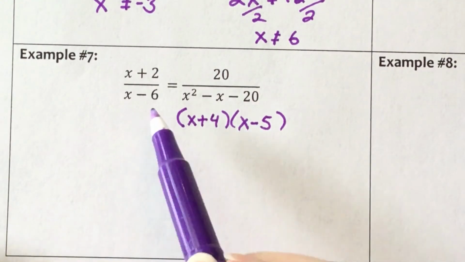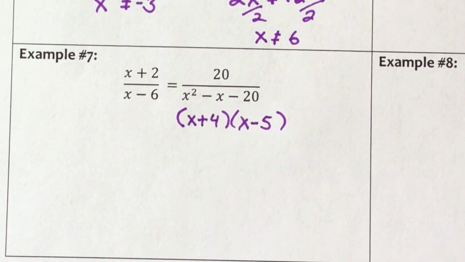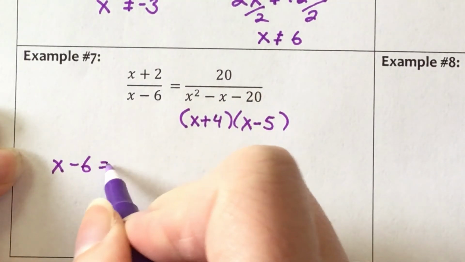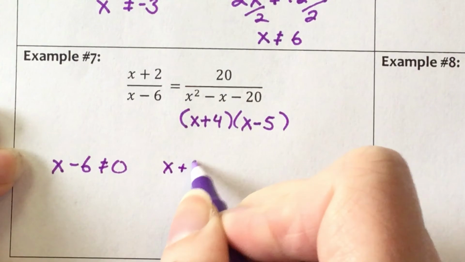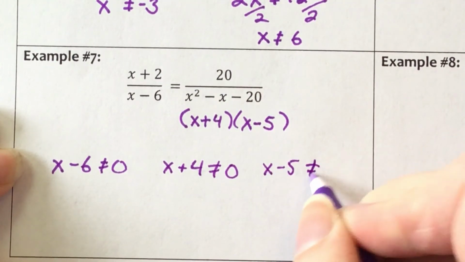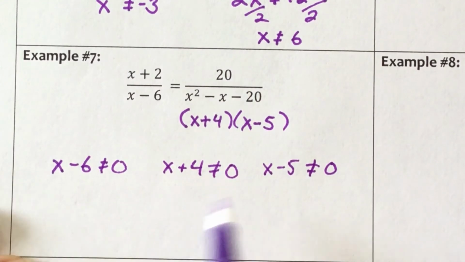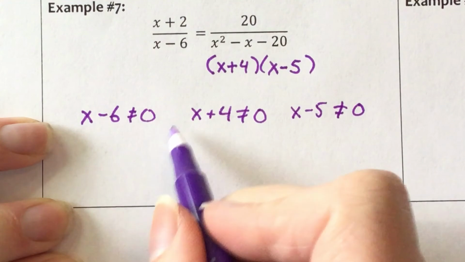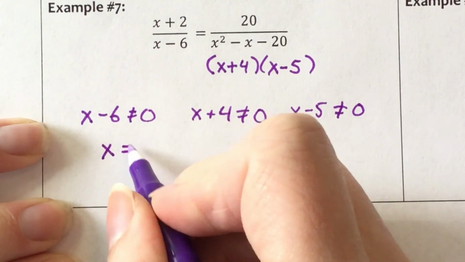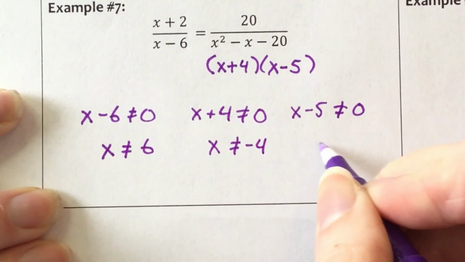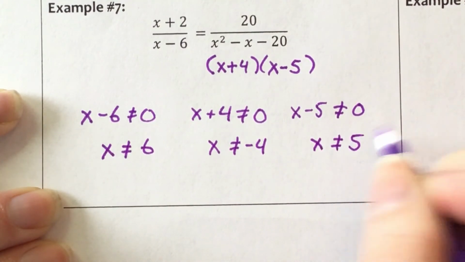So let's set all of the factors not equal to 0 in their own little equations. So x minus 6 does not equal 0. X plus 4 does not equal 0. X minus 5 does not equal 0. You might have noticed on these one-step equations that we just end up getting the opposite number. So x is not allowed to equal 6. X is not allowed to equal -4. X is not allowed to equal +5.